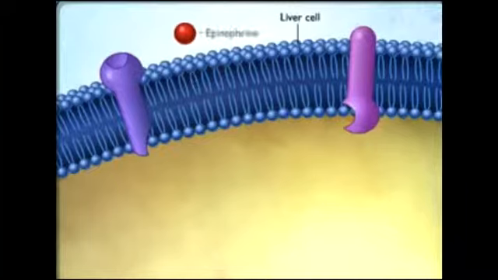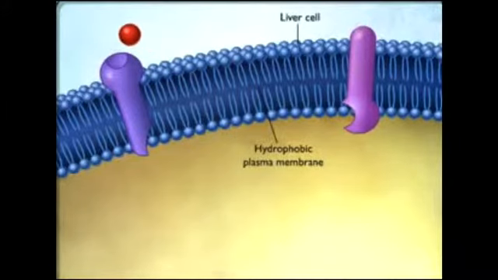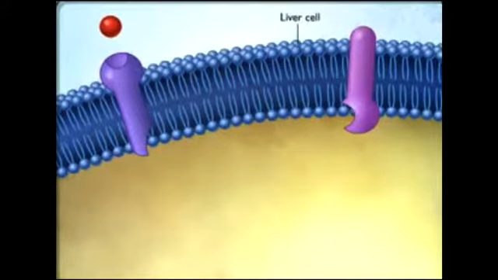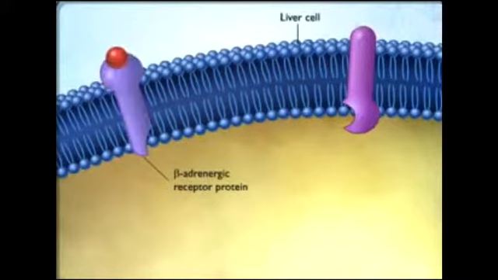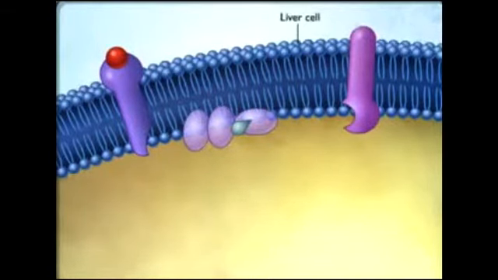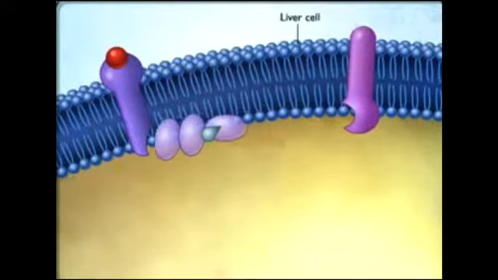Epinephrine is one type of hormone that is water-soluble, hydrophilic, and therefore unable to cross the hydrophobic plasma membranes of its target cells. Instead, it binds to receptor proteins located in the membrane and does not enter the cell. When epinephrine binds to beta-adrenergic receptors on the liver cell, G proteins on the inner side of a cell membrane are activated.